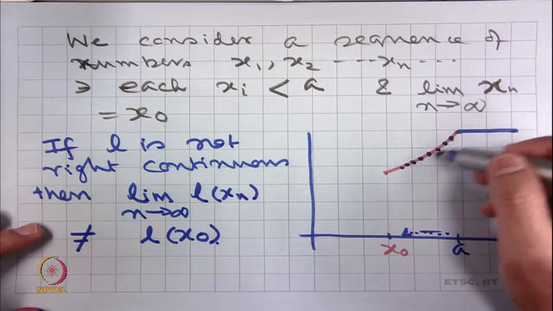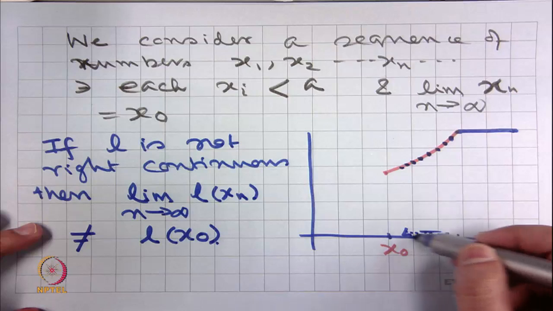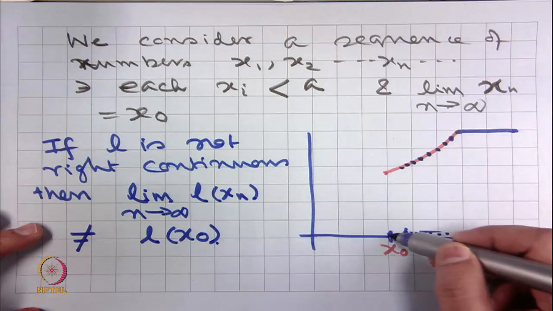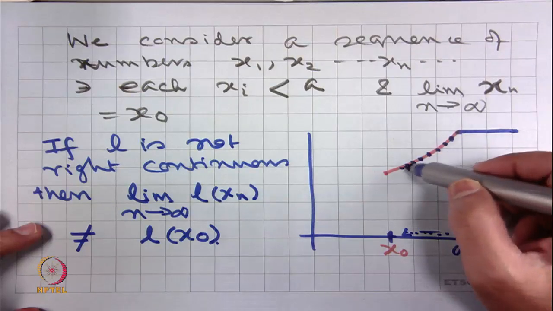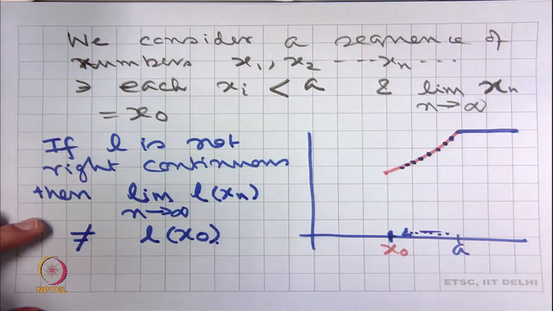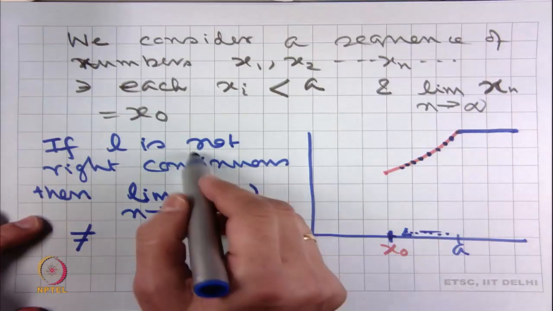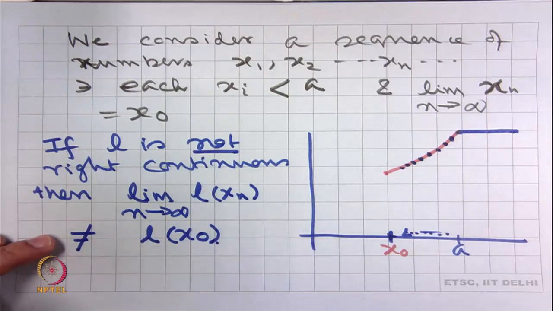Because if the sequence x 1, x 2, x n is converging to x naught and the limit of their functional values is converging to L at x naught, then it is right continuous. But we are assuming that it is not right continuous, therefore this limit is not equal to L of x naught.